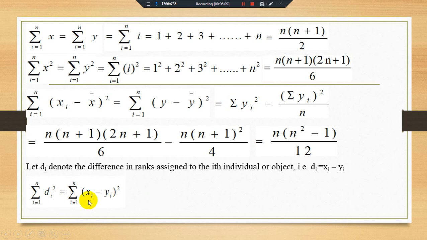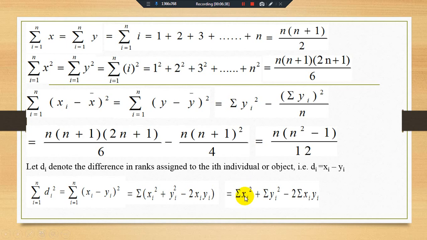Okay, let's solve this square. So we get summation xi square plus yi square minus 2xiyi. Okay, now we have summation xi square plus summation yi square minus 2 summation xi yi.